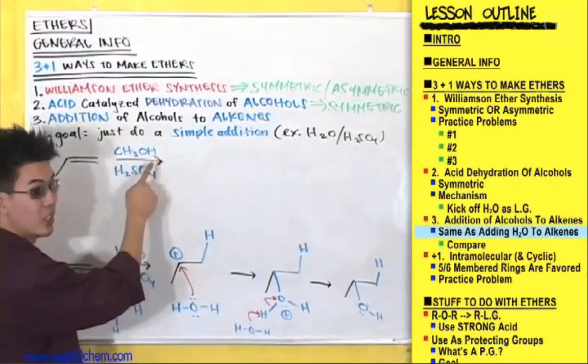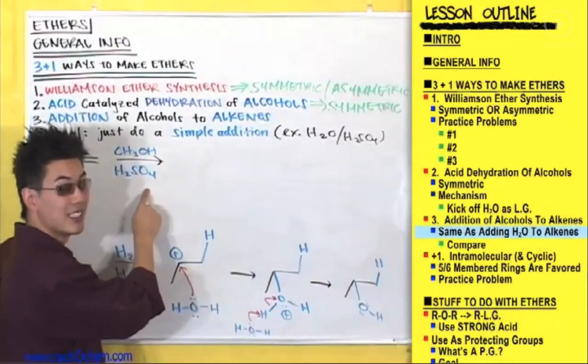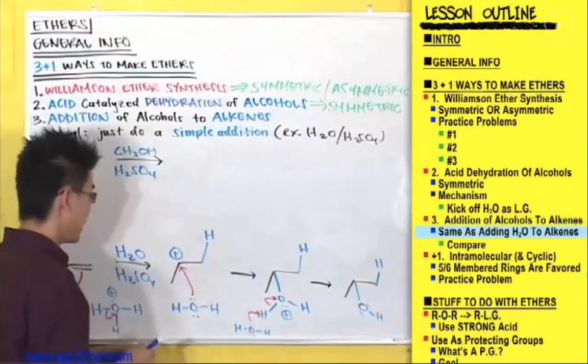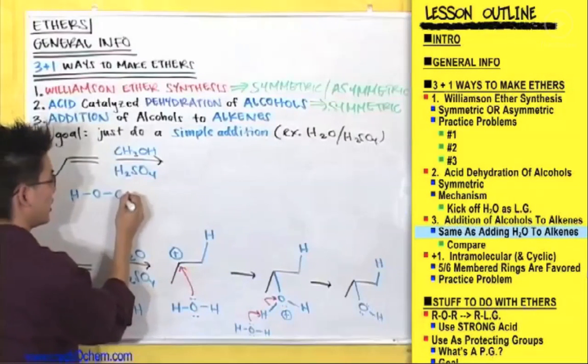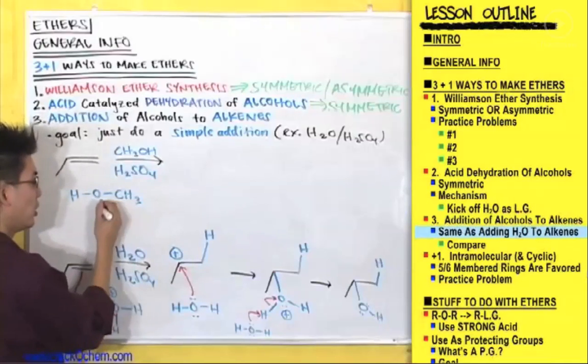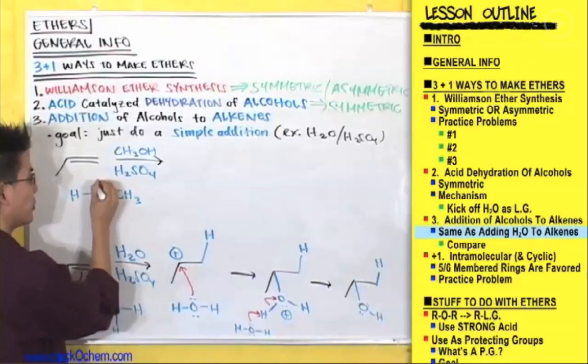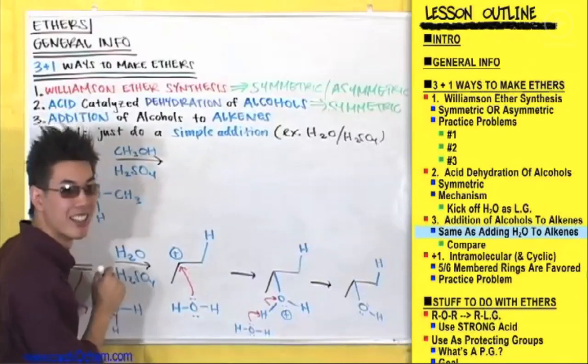So taking CH3OH, adding it in with acid catalyst, this is going to protonate your alcohol and turn this thing into your alcohol, but now in the protonated form, which puts a positive charge on that oxygen.